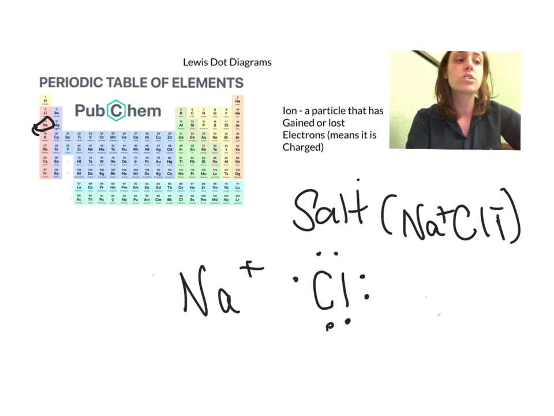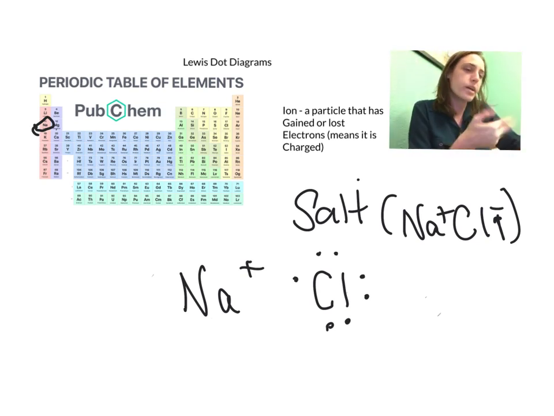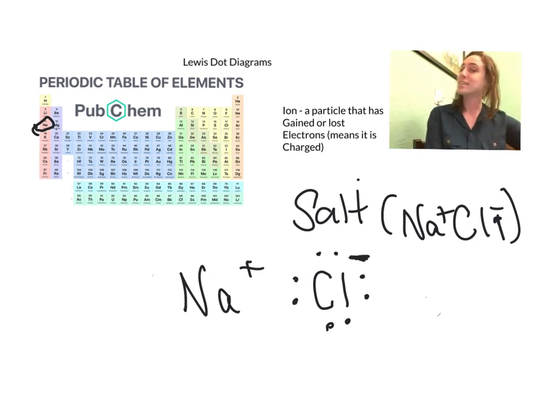However, to make sure that it has a negative charge, we've got to add one more electron. Remember, we're adding more negatives. That's why it's turning negative. So I add another electron right there, and now we have sodium chloride. We got our table salt. That's how you would show that in terms of a Lewis dot diagram, Lewis dot structure.